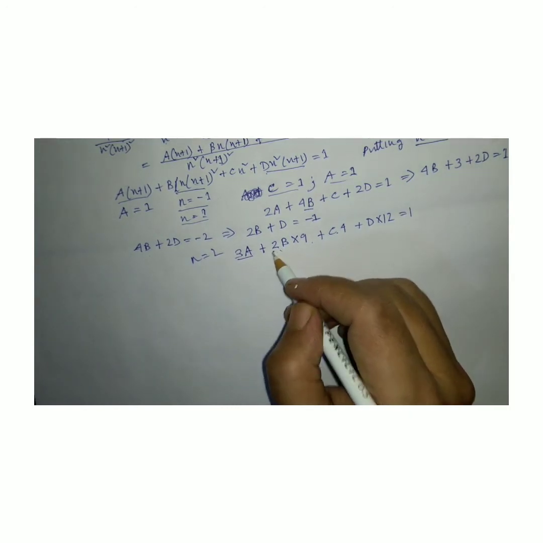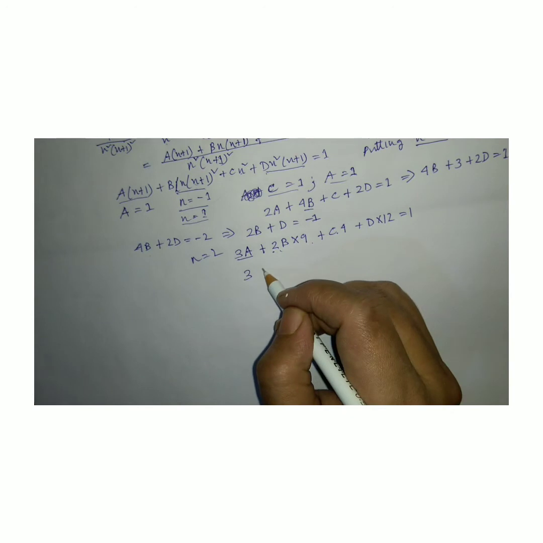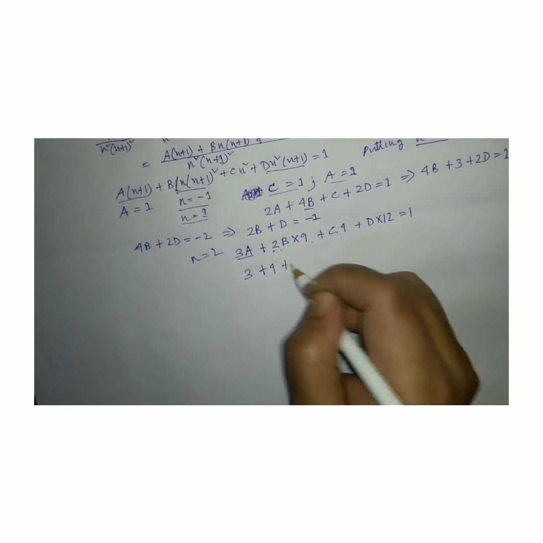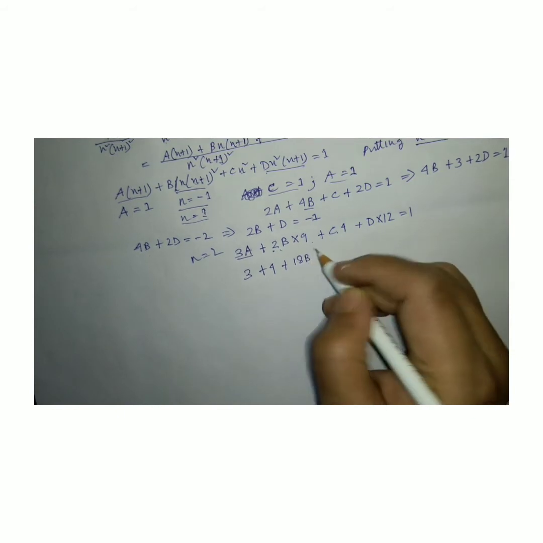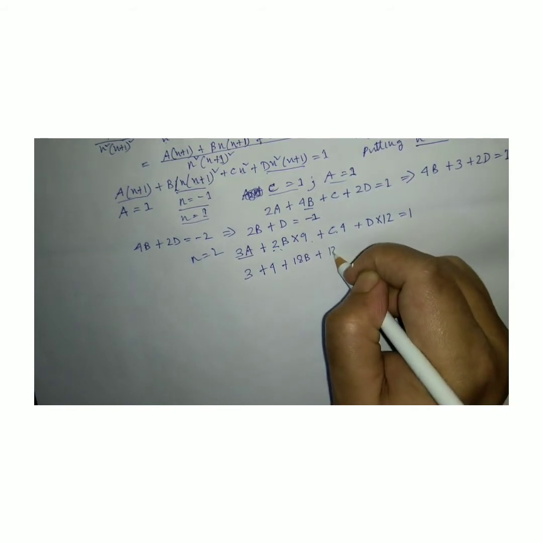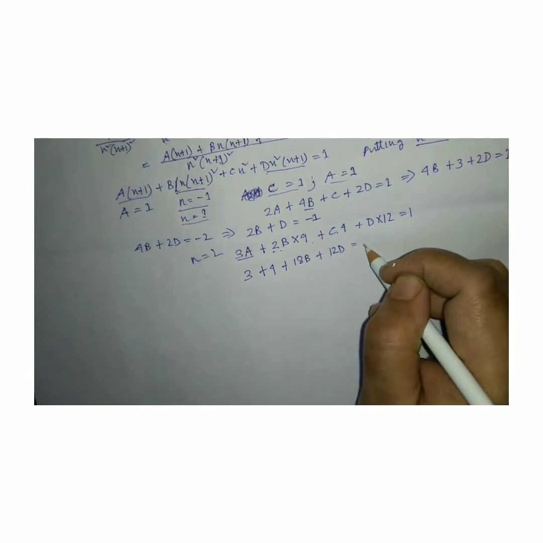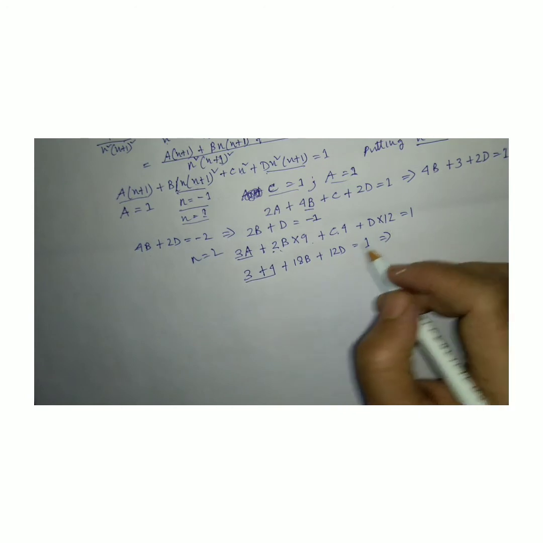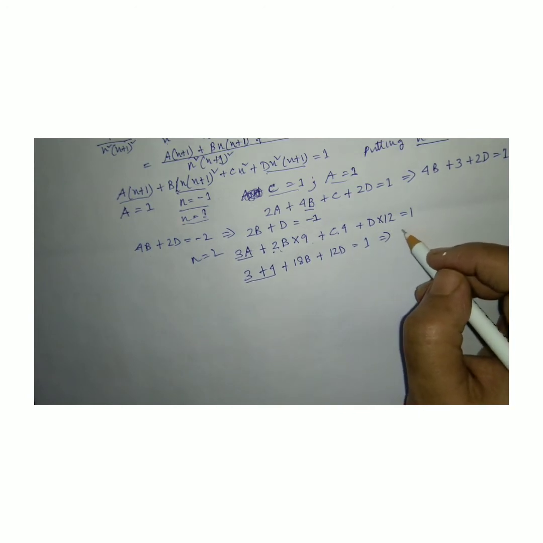Okay, I put n equals to 2. And I can get 3 plus 4 plus 18b plus 12d equals to 1. I can get 4 plus 3 is equal to 7 and 1 minus 7 is equal to minus 6.